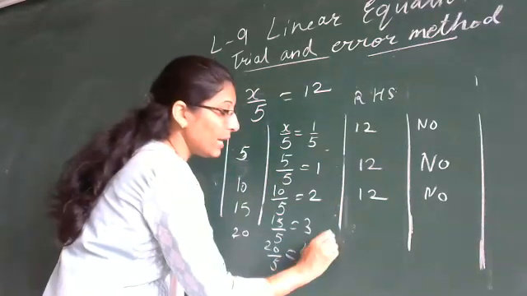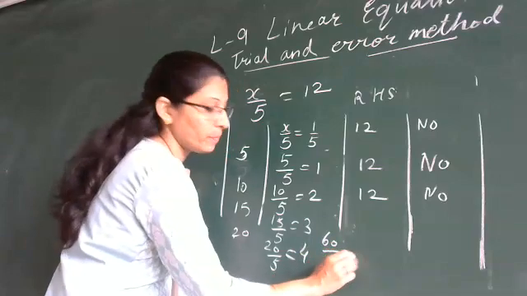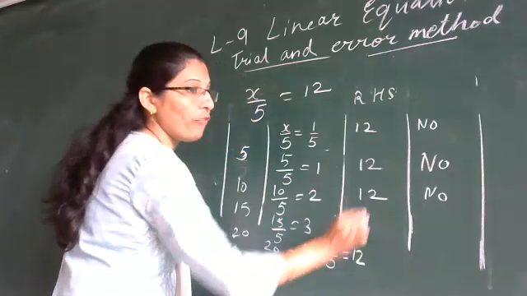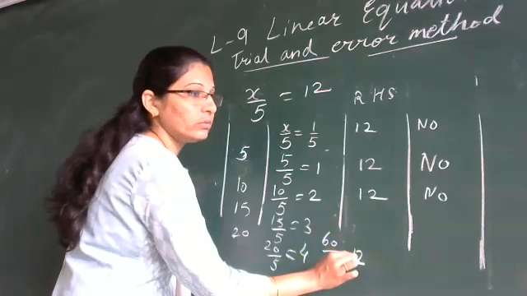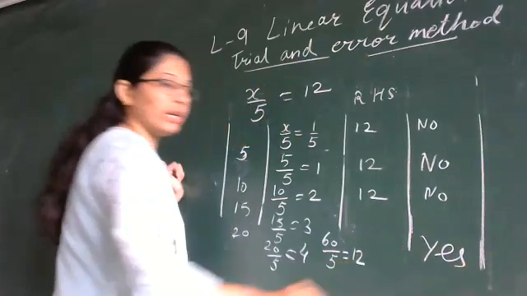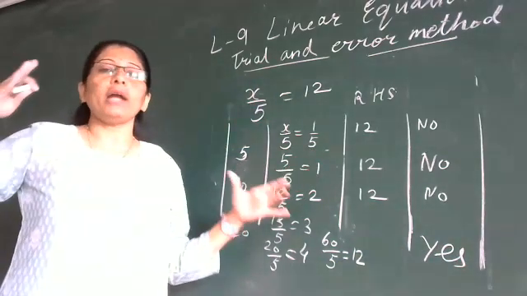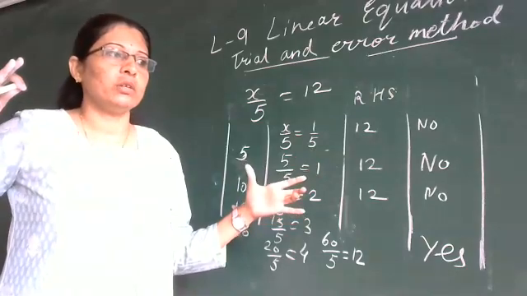When we get to 60 by 5, what will be the answer? 12. So we will get the equal. At that time our answer will come. So sometimes it takes so long to find the solution.